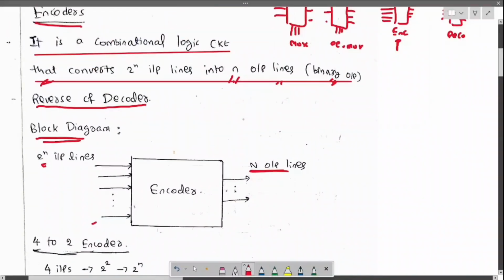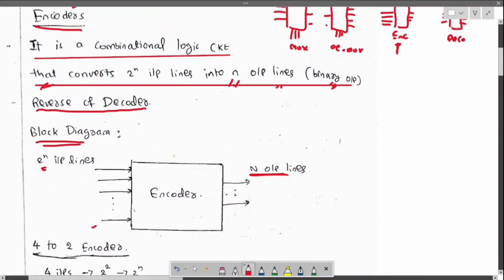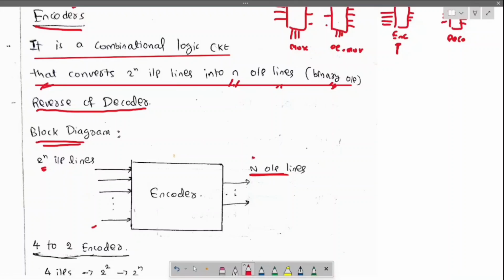Now two scenarios are there for how the 2^n inputs convert into n outputs. In the first case, only one input is high, meaning any one of the inputs goes to 1.